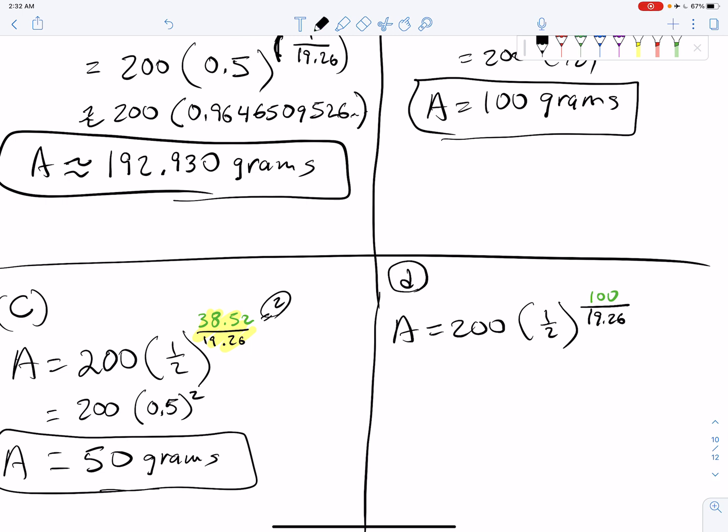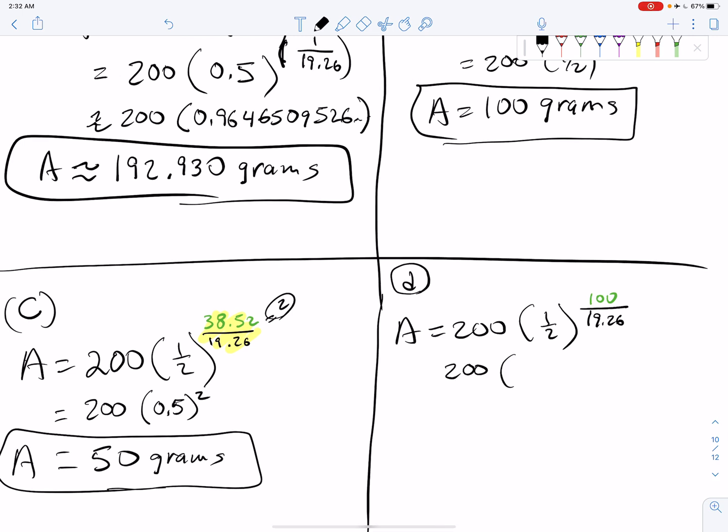So we basically have a half raised to 100 divided by 19.26. I'm just going to give you some detail. That is approximately 0.0273539 and so on.